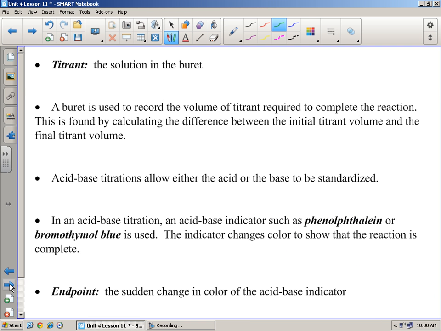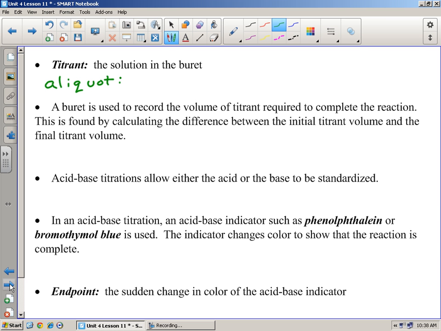Now, a couple definitions you'll need to know. First of all, the titrant. The titrant is whatever we put into the burette, and I'll show you the burette in a second. That's the solution in the burette. There is another one that's not on here, so you have to put this in. It's called the aliquot, A-L-I-Q-U-O-T.